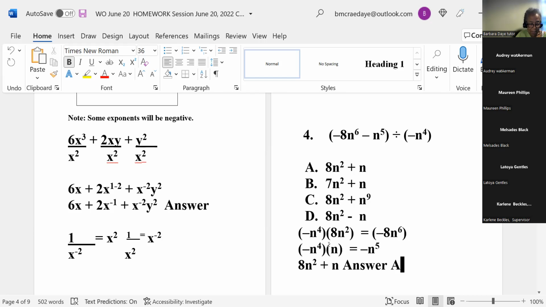Minus times a plus gives a minus. Notice when I said to get what I need, I put exactly the terms, including the signs. That way your signs will be correct. If this had been a plus 8n to the 6, I would have written just plus 8n to the 6 or just 8n to the 6. That's the default. Got it?